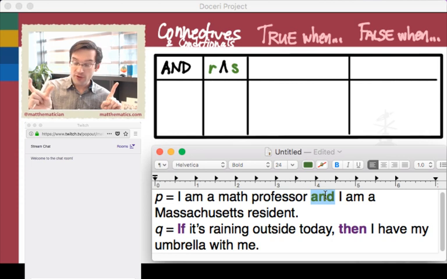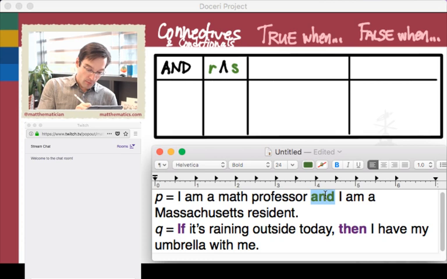I need to show that the first of the propositions is true, and also that the second of the propositions is true. So this "and" connective is true when both R is true and S is true. So we have two things to prove if we want to prove this statement to be true.